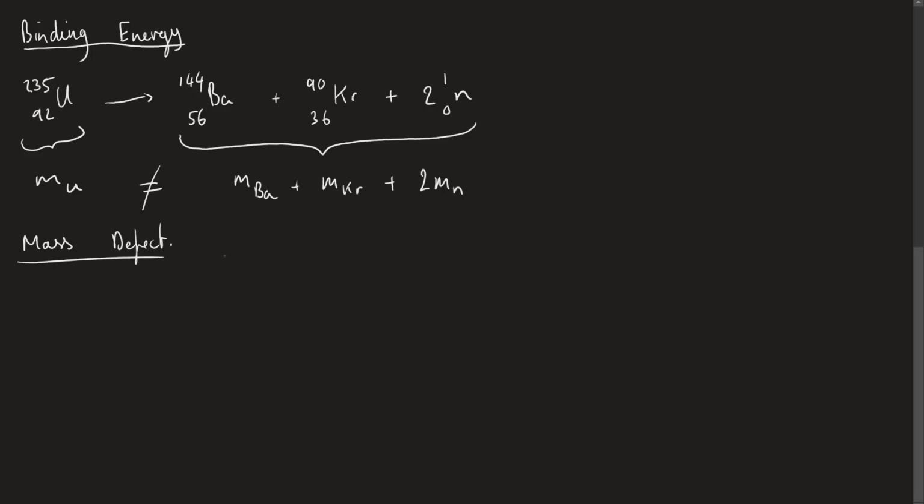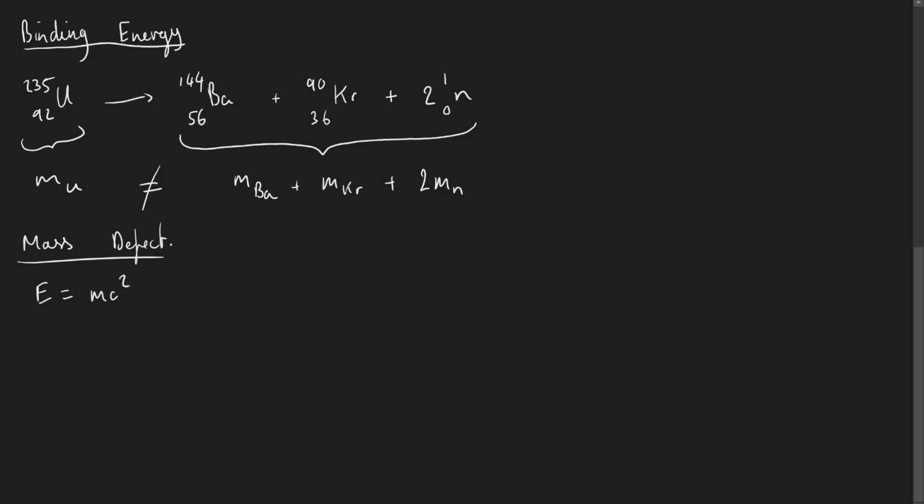Now that mass defect occurs due to the excess energy that is inside a nucleus, due to things like the gluons or the pions that keep the nuclei together. By having less gluons present, I have less energy present, and as we know from the previous video, this is mc squared, so if I have less energy, I have less mass.